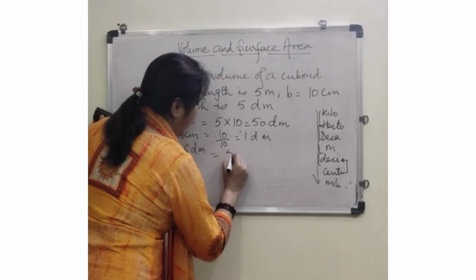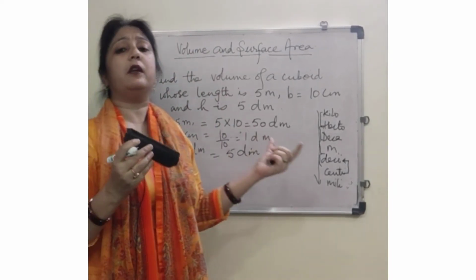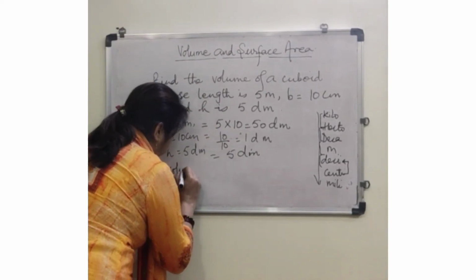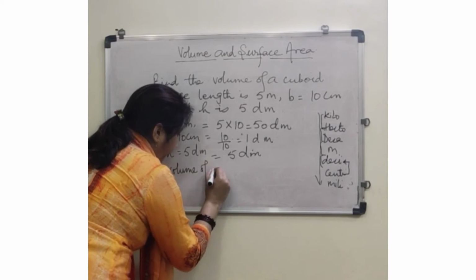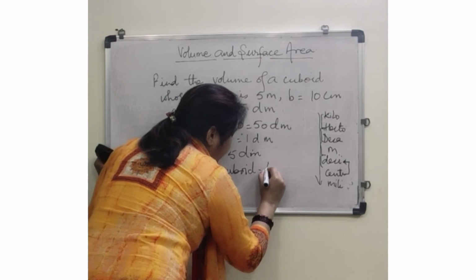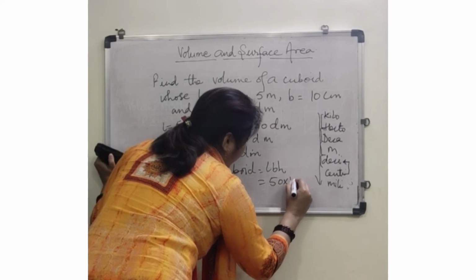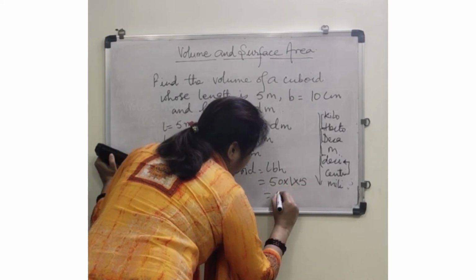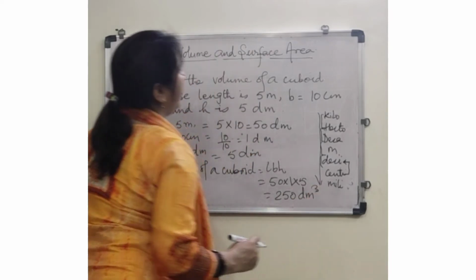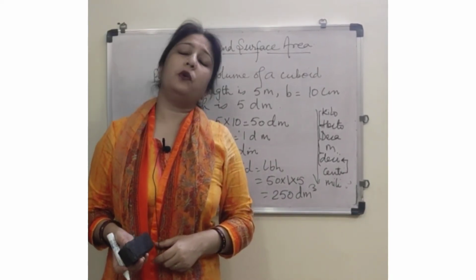And height is already 5 decimeter. That means we are going to calculate the volume in decimeter. So volume of a cuboid is length, breadth, height, that is 50 into 1 into 5, that is 250 decimeter cube. This is how you can calculate the volume of a cuboid.